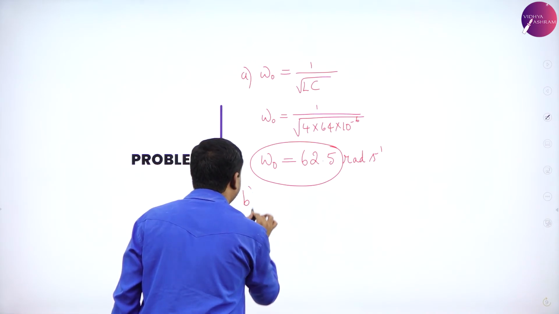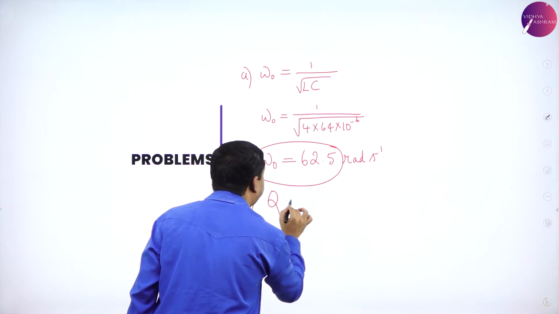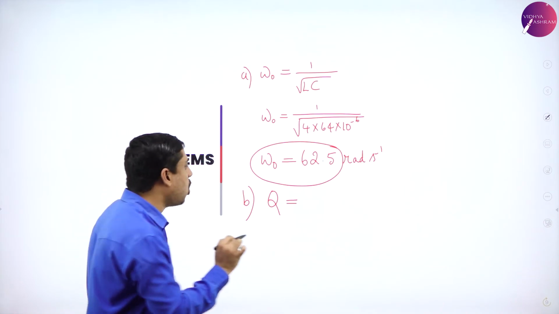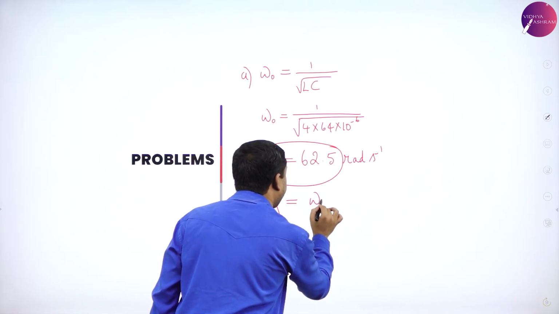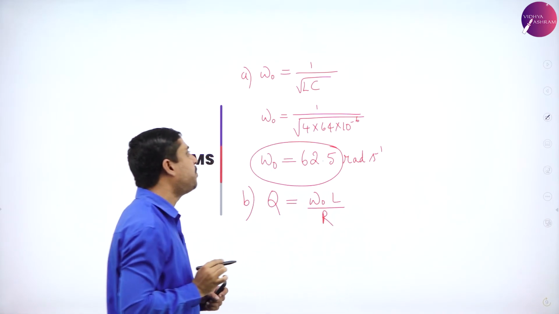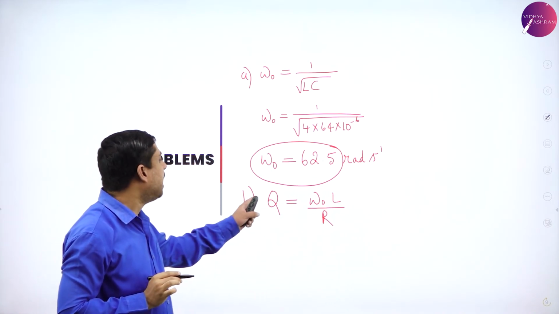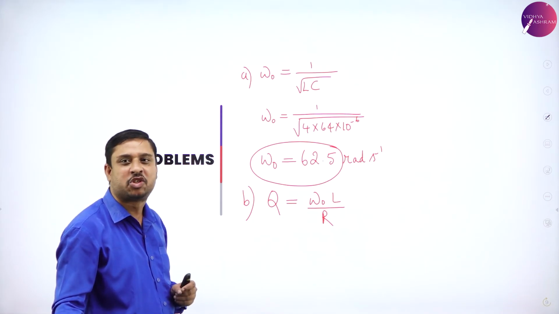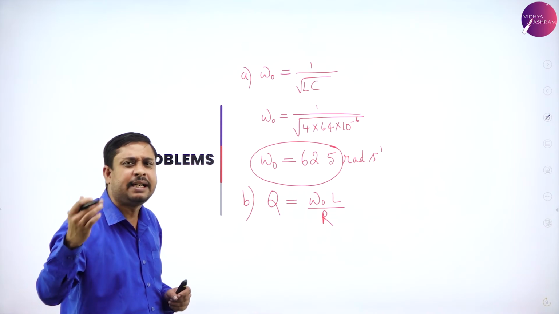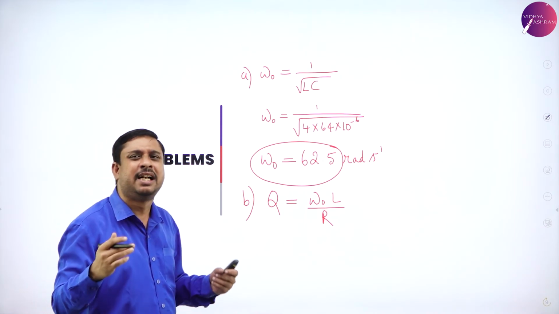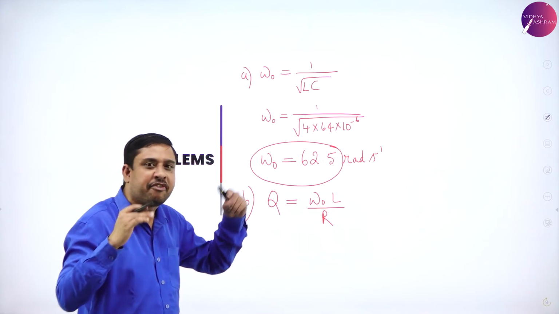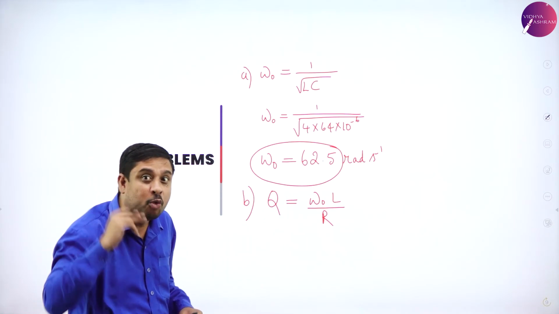With this, I need to calculate quality factor. Please know, quality factor is omega naught L divided by R. Therefore, I have used this expression. If quality factor is not asked, you can directly put it, or it is still tedious, put F naught and 2 pi f naught into L by R, that we have done.